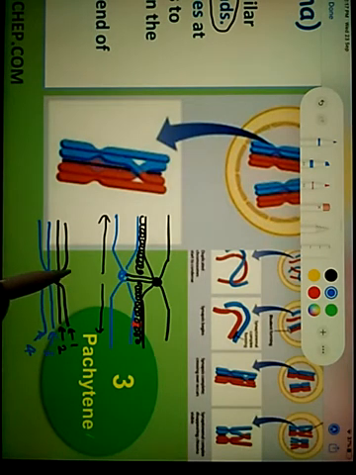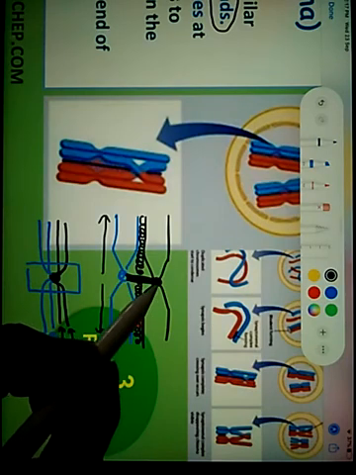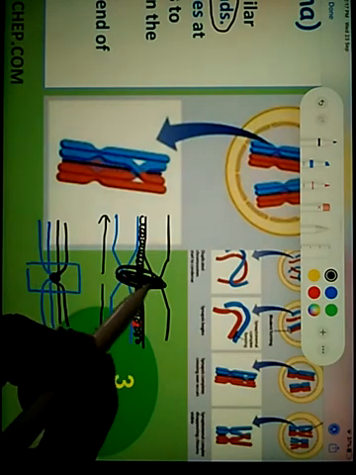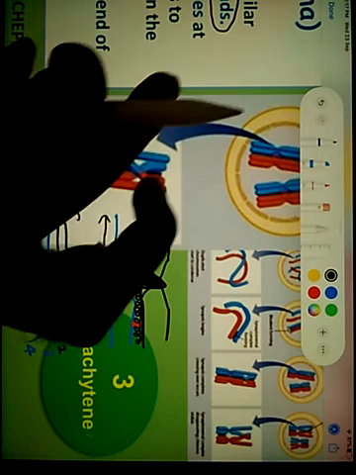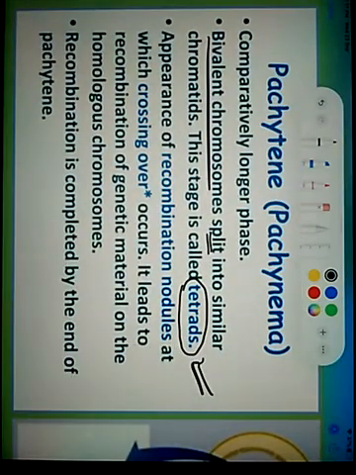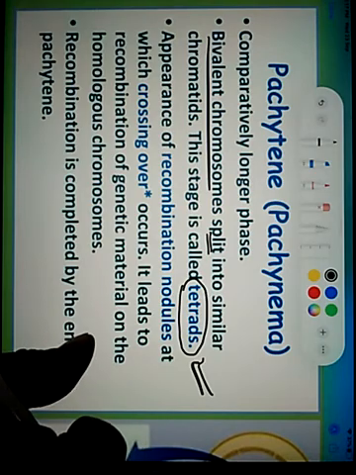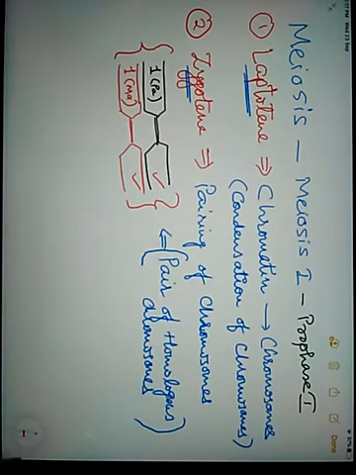As it is joined from the centromere with a specific protein, it becomes a single centromere, and it is producing these 4 separate chromatids from one centromere, and that is why this phase is known as tetrad. Ready? So tetrad formation is its speciality.